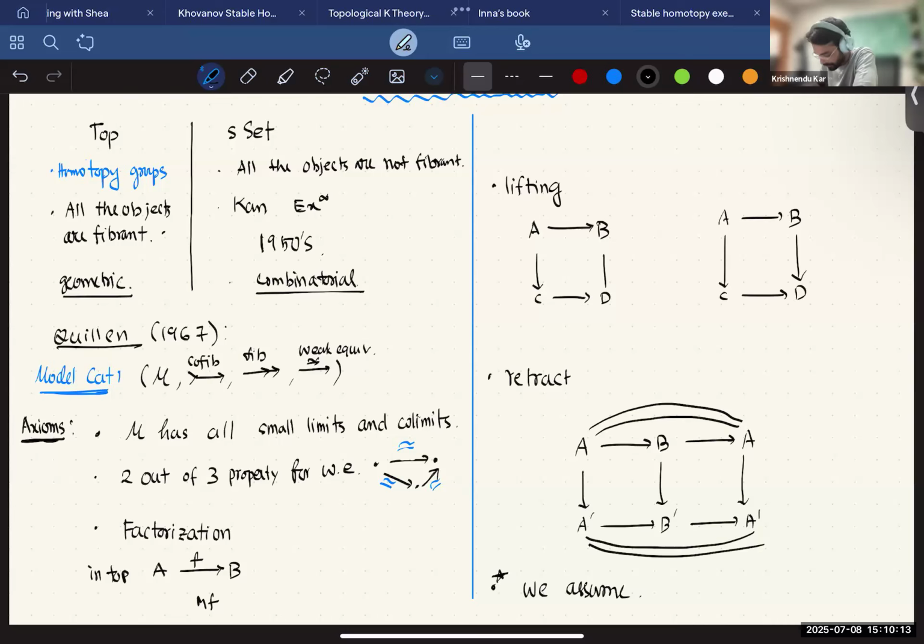Such that your B is homotopy equivalent to your M_f. And this guy turns out to be an inclusion, a special inclusion. These are called cofibrations in topological spaces. Also, it can be factored through path spaces.